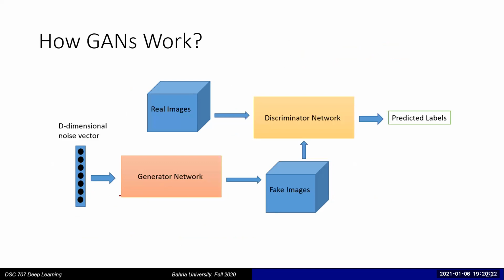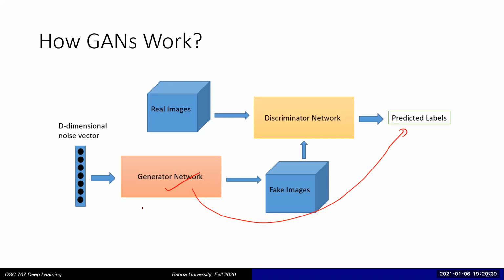As I told you, this is some random data. It is generating these images, and the real images are being fed. The discriminator is predicting labels, right? But whatever it is predicting, when you are training this part of the network, the generator can actually see what the discriminator is doing.